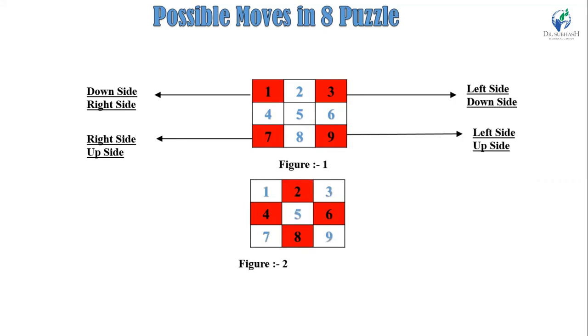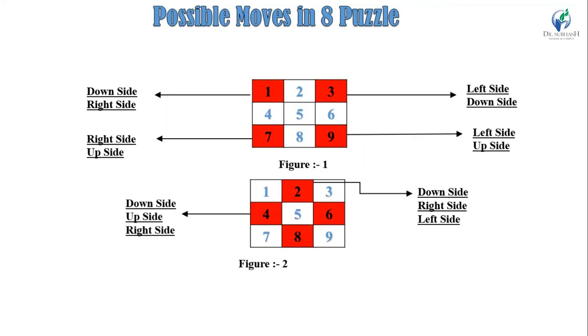Next, figure 2 also has 4 empty spaces. Note that the red mark digit is considered the empty space, so we can find the legal moves for that. If digit 2 is the empty space, it can move only downside, right side and left side.